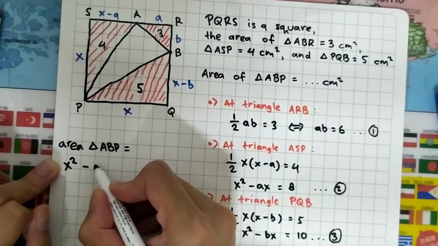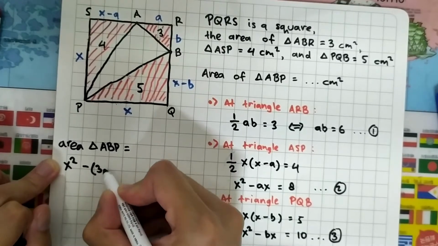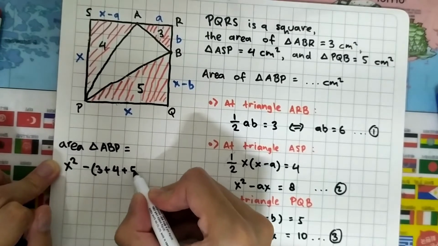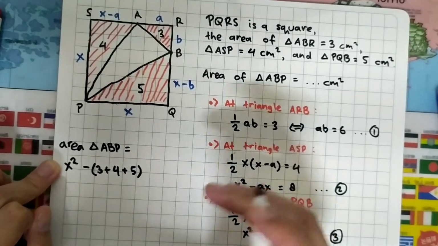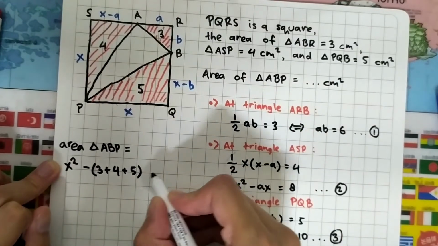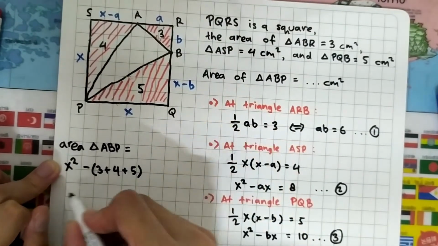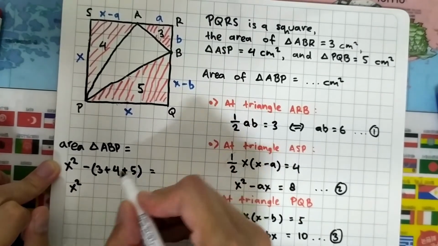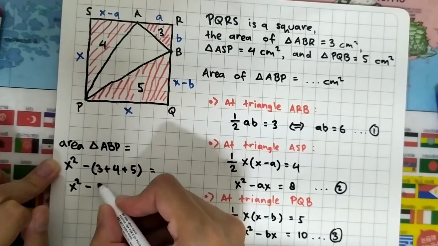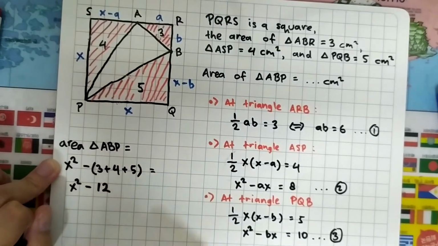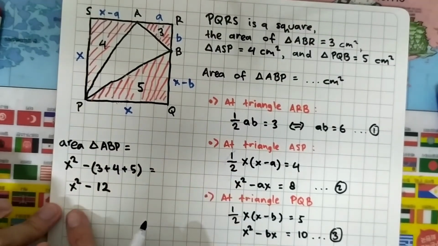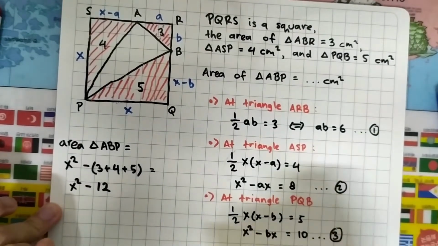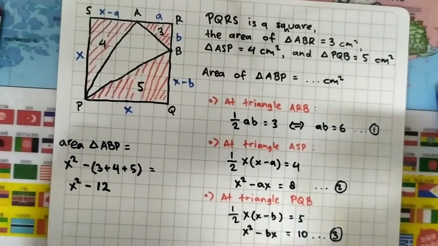So we will have 3 plus 4 plus 5, and that will equal x squared minus 12. So we need to find x squared minus 12, and we are given these equations. Now what should we do? Let's find out.